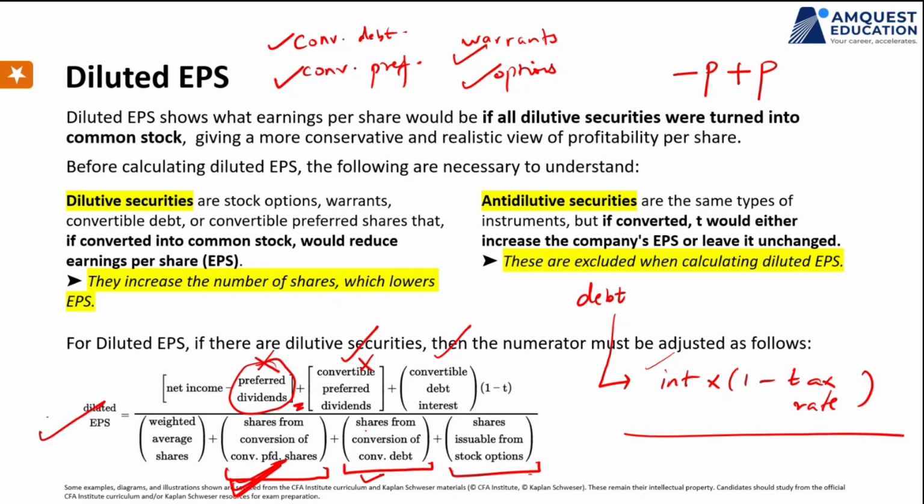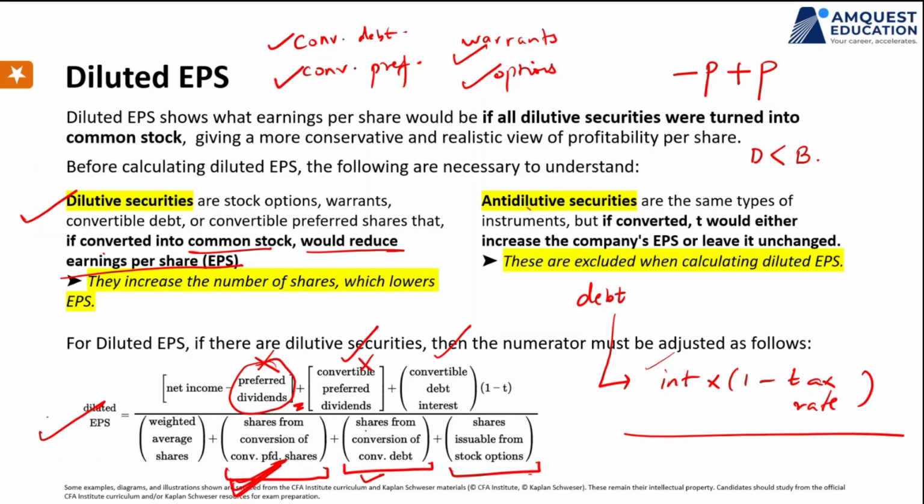Now, if the diluted EPS is less than basic EPS, then we call these securities dilutive securities, right? If these securities convert into common stock and if they reduce the EPS, then they are called dilutive securities.